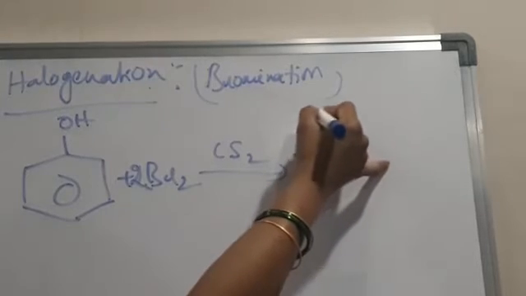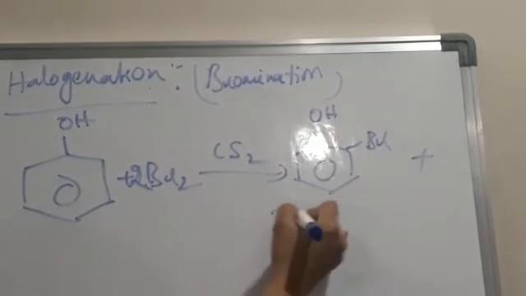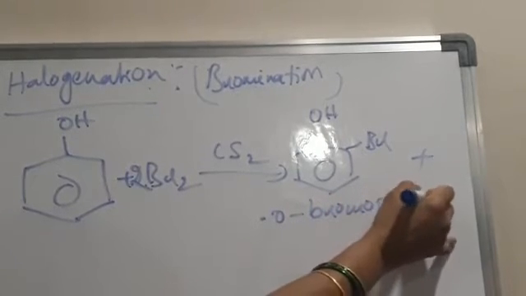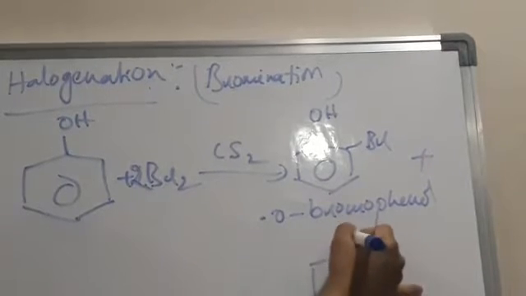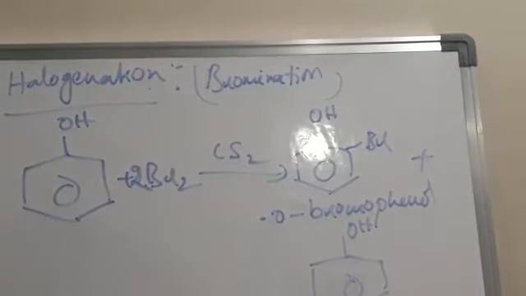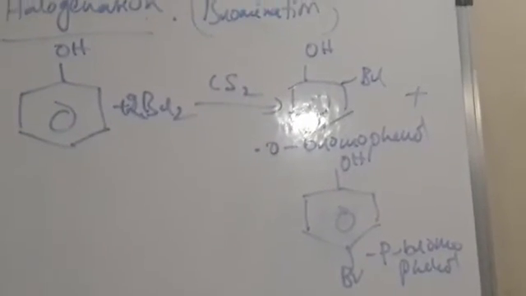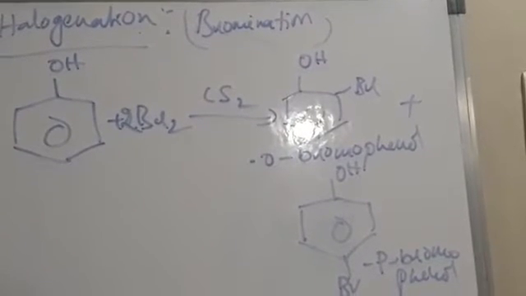One is ortho-bromophenol, and another one is para-bromophenol. So a mixture of two compounds is obtained by bromination in presence of carbon disulfide.